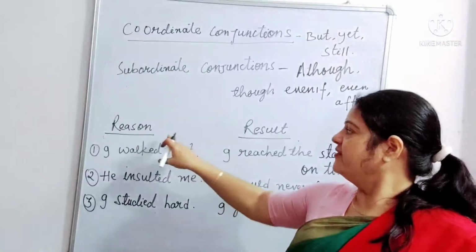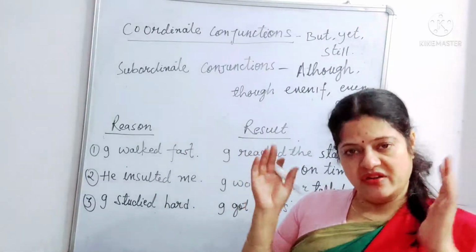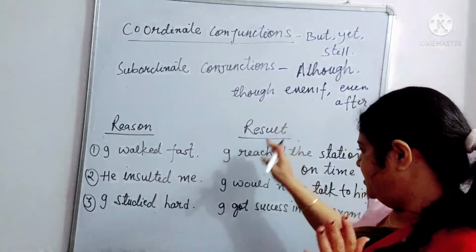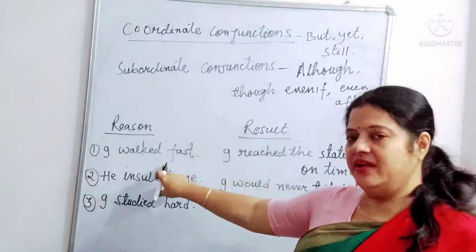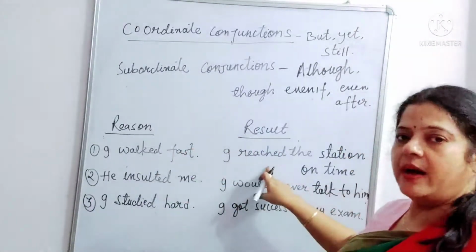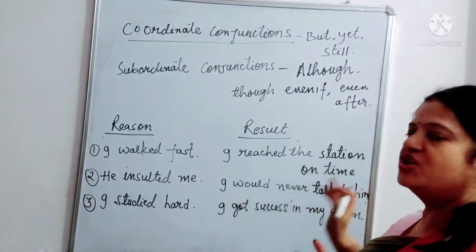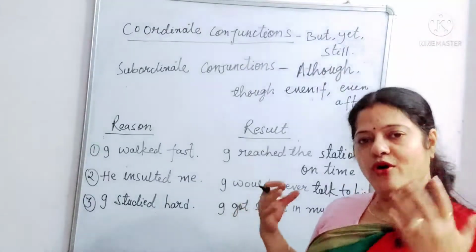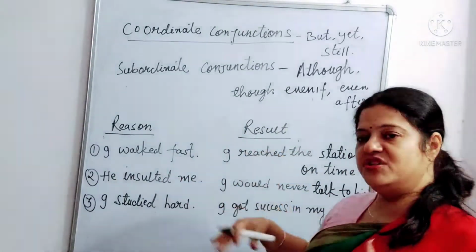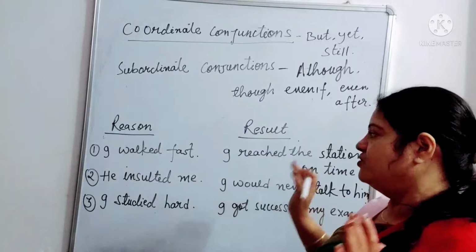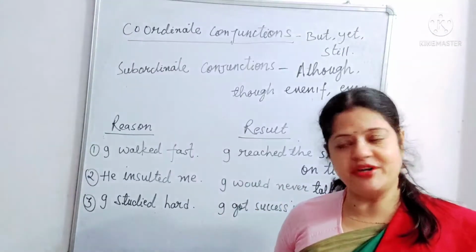Here the first three sentences are showing reason, and the other three sentences are showing result, because this thing happened. I walked fast, this is the reason, and I reached the station on time is the result.